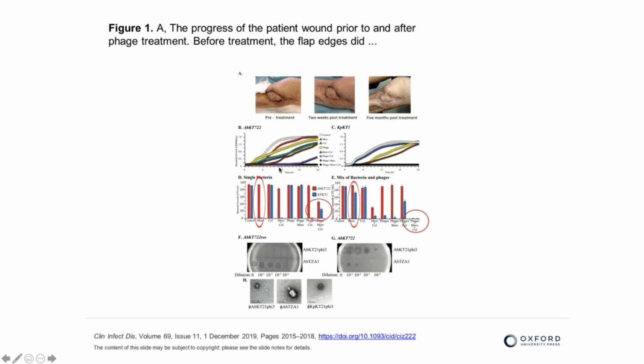So I won't go into the details of the graph, but I highlighted some of the most important areas here. You can see that when you add the combination of meropenem, colistin, and the phage, you have a decrease in the bacterial load or the bacterial growth.